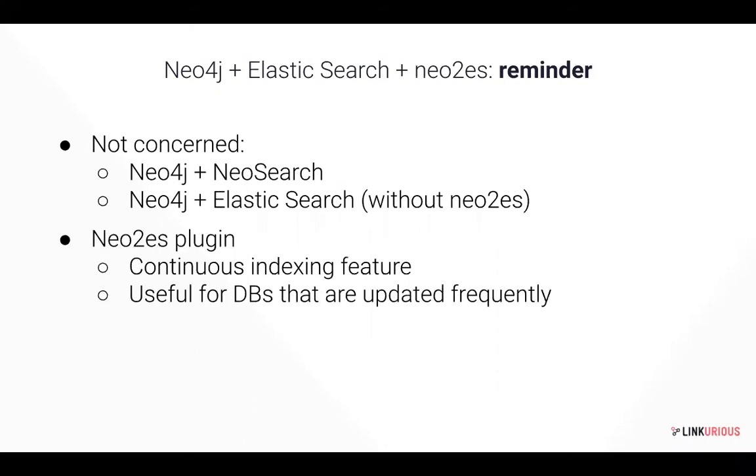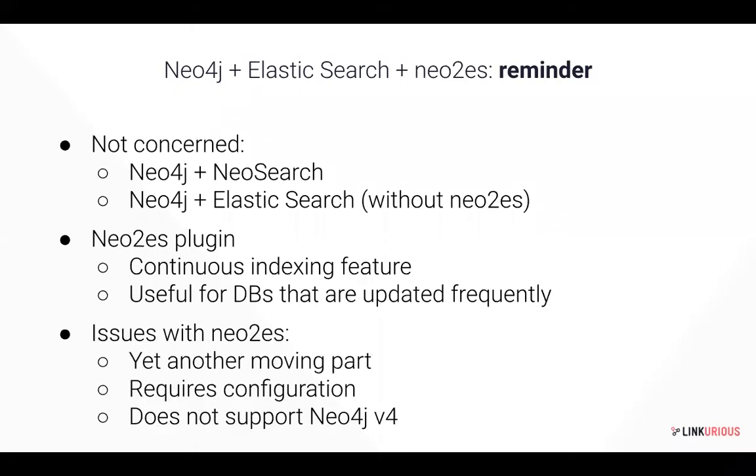So, a quick recap on the Neo2j plugin. This plugin allows the continuous indexing feature. It means that when you add new data to your database, it will be automatically synchronized with Elasticsearch, so that you can search on those items that were added to the database. So this is useful for DBs that are updated frequently.